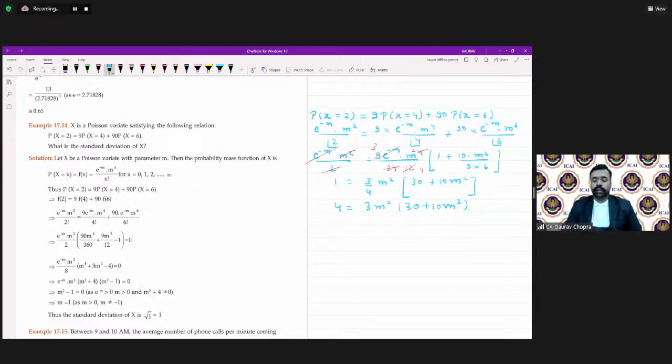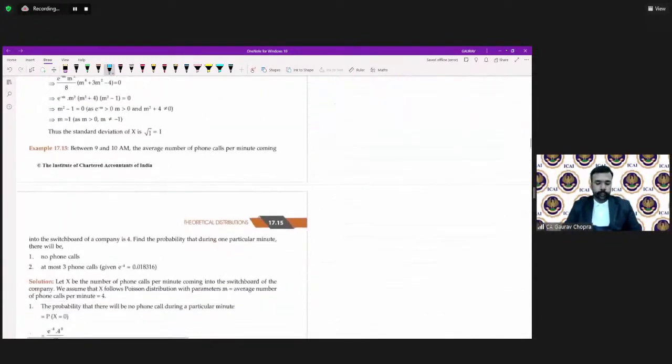You can also substitute the value and get the result. All right. So let's move towards the next question. You can simplify this now.